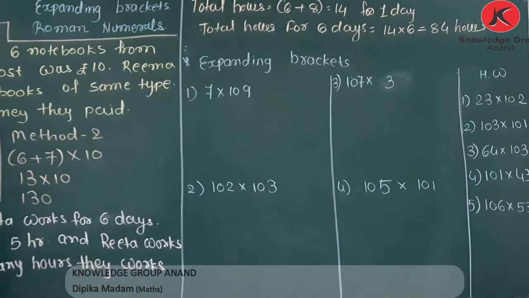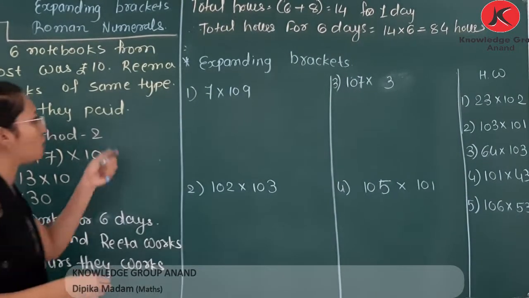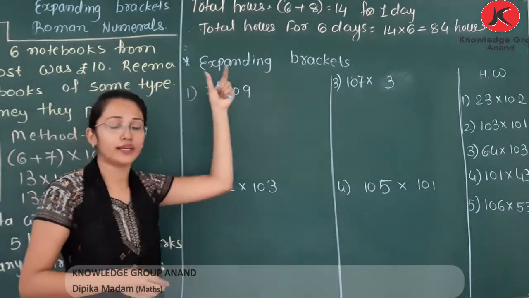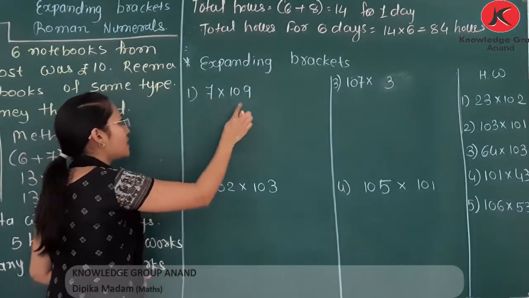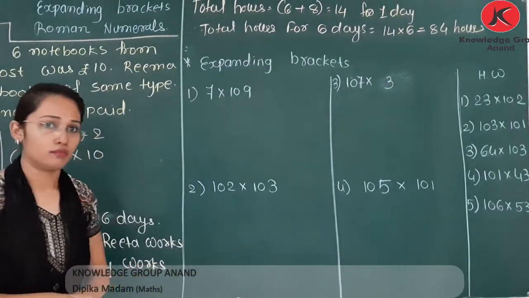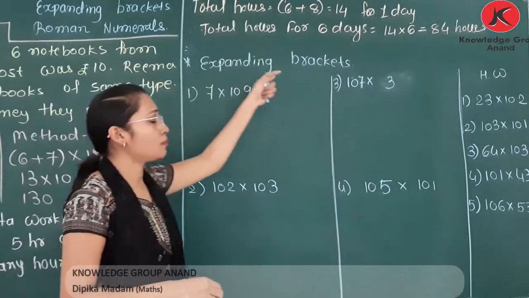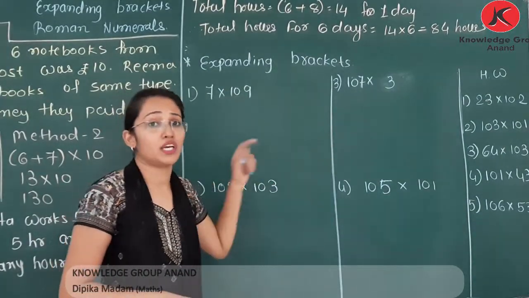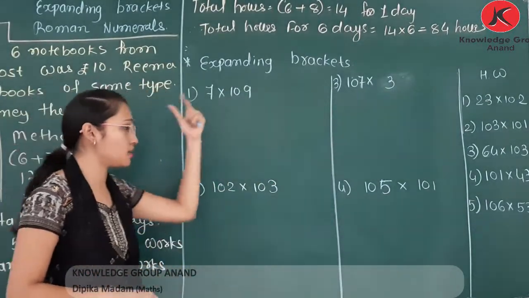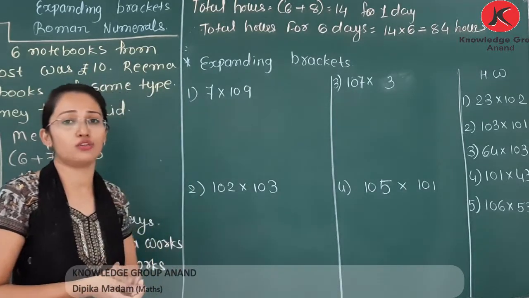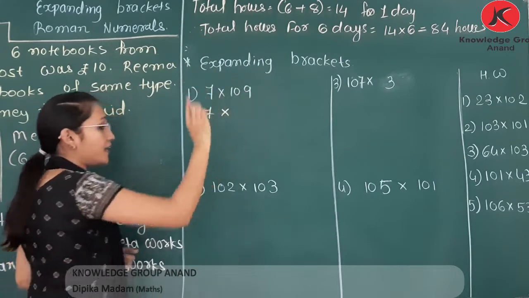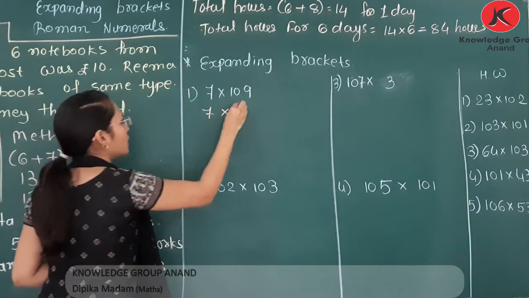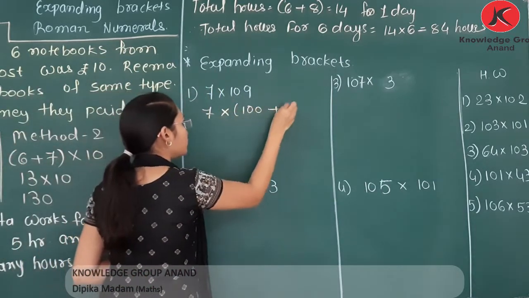Now expanding brackets. Here is how we use the topic related to expanding brackets. So here is one example, 7 multiply 109. Use the expanding bracket to make multiplication easier. If this kind of number is there, then how will we use expanding bracket? So first 7. Now 109 can be written as 100 plus 9.